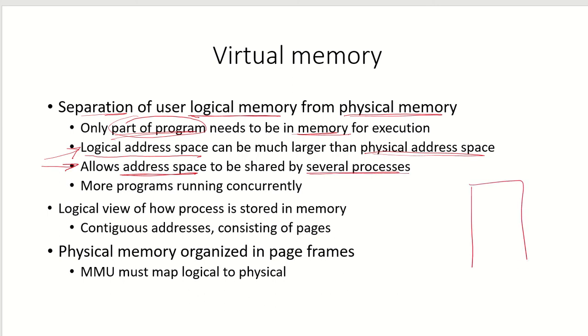So if this is the RAM, and this space is being used by a part of process P1, when it is taken to the swap space out, the same space can be used by another part of another program. So now more programs can be loaded into the memory, and you can have multiple parts of multiple programs loaded into the main memory, and these programs can run concurrently.